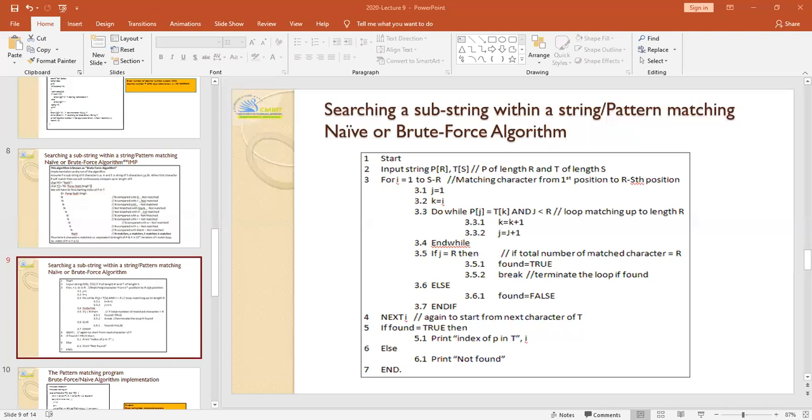Okay. What is R? What do you mean by R? What is the R value?